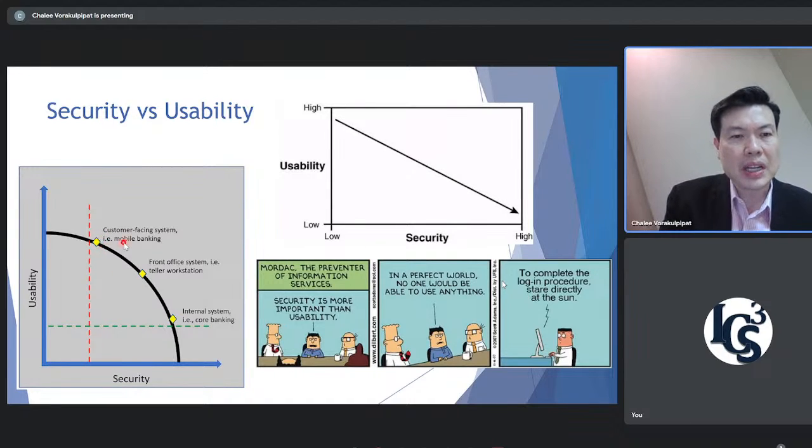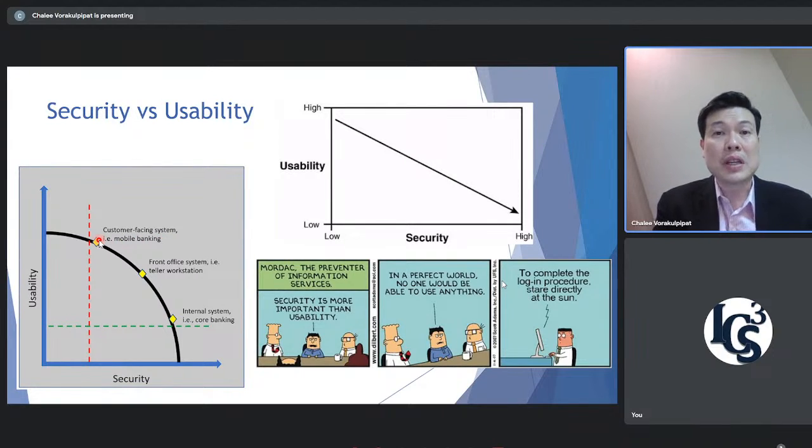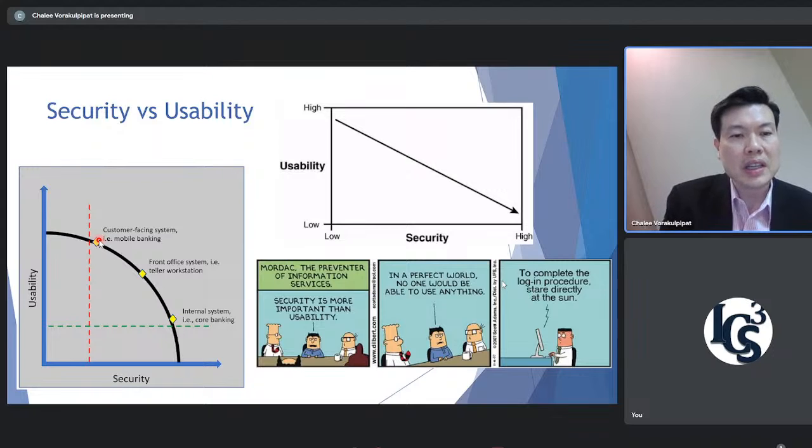Which system? Like mobile banking. You may disagree because you believe mobile banking is about finance, so security must be high. I have no objection. But you use mobile banking every day, maybe more than 10 times per day.